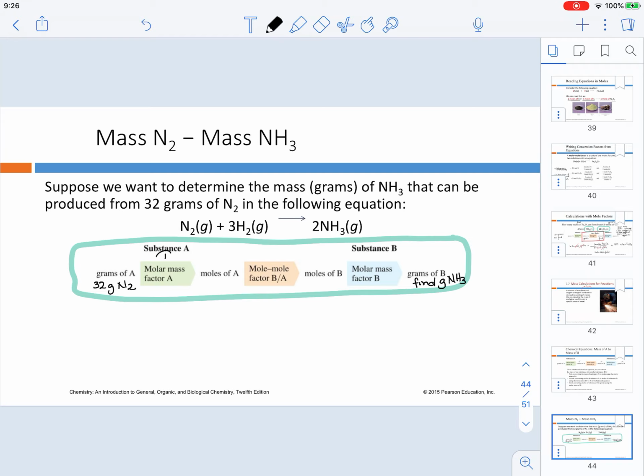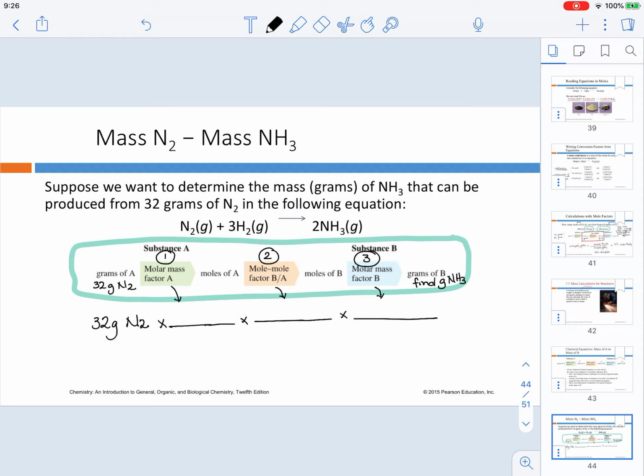So this is how we set up the problem. Understand that we're going to need 1, 2, 3 conversion factors. I'm first going to write the amount that is given to me, 32 grams of N2, and I know I have the 3 conversion factors. I'm going to put the conversion factors under each of the boxes so you see where we got them from.